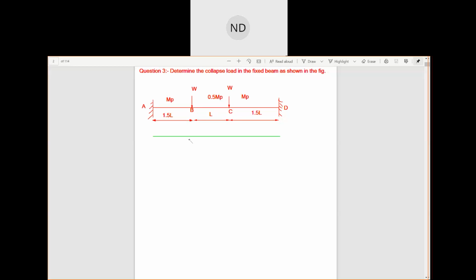For that we have to draw the deflection here. So let us draw.